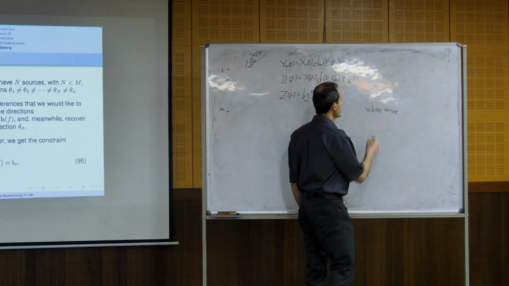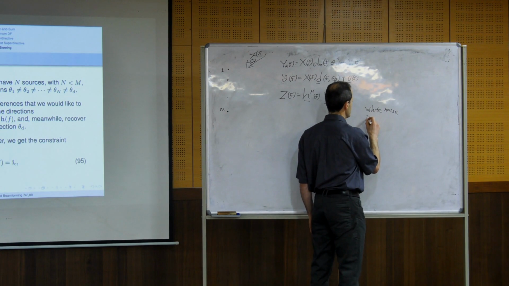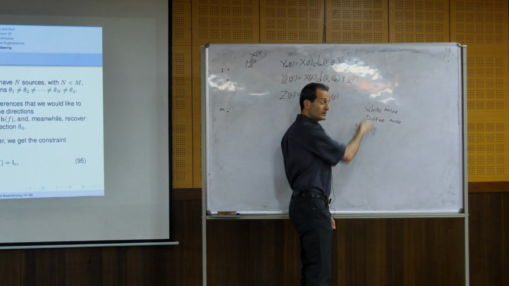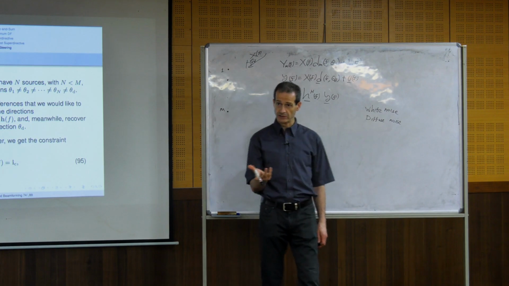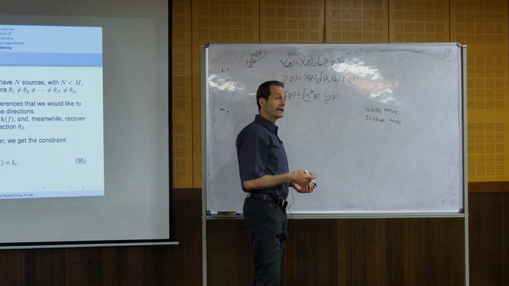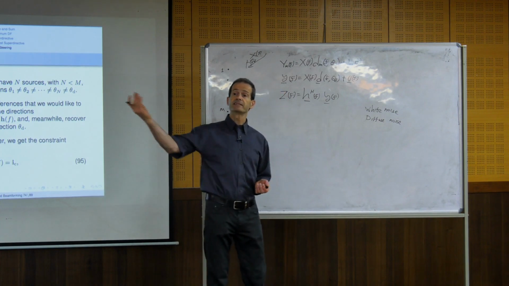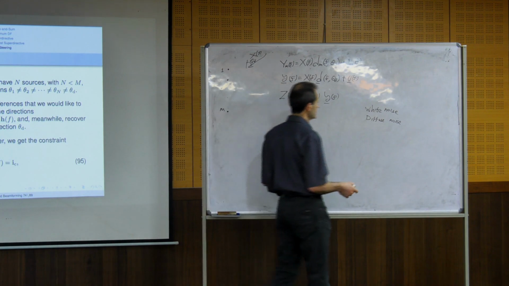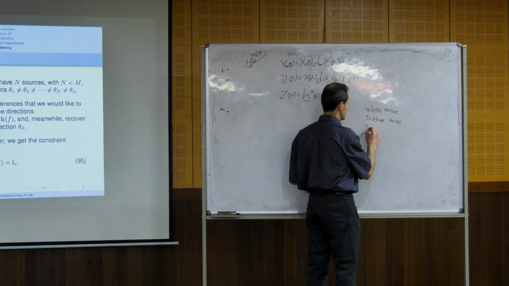We can assume maybe diffuse noise. And of course, we can take combinations of these two noise fields. We can assume that maybe we have an interference from a certain direction. Directional interference.